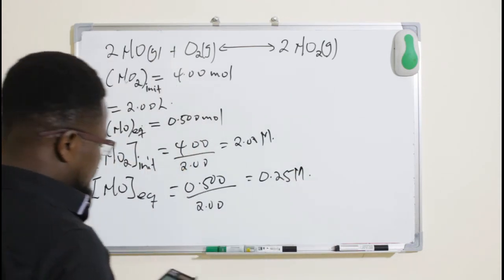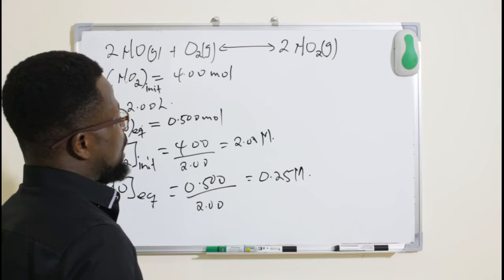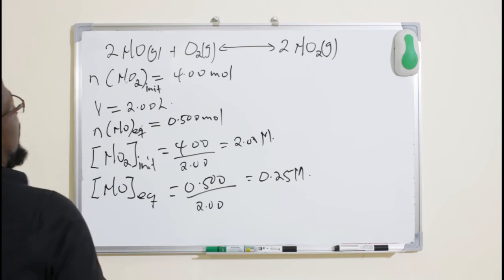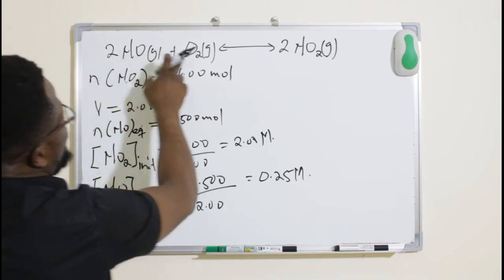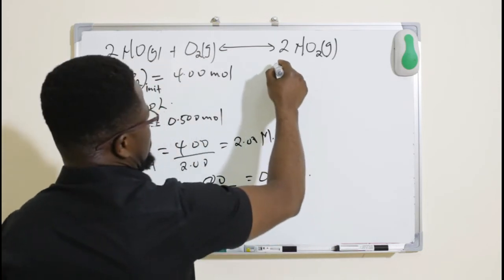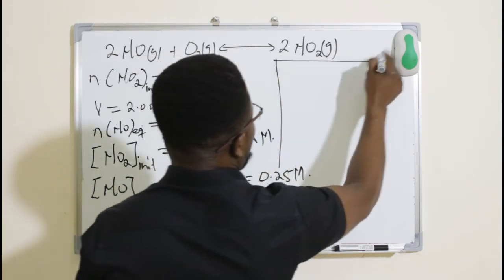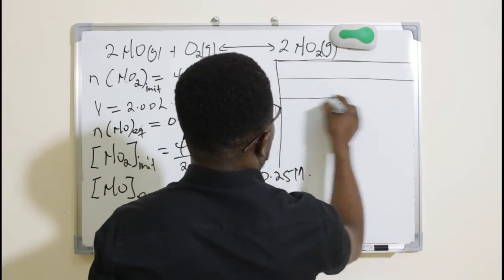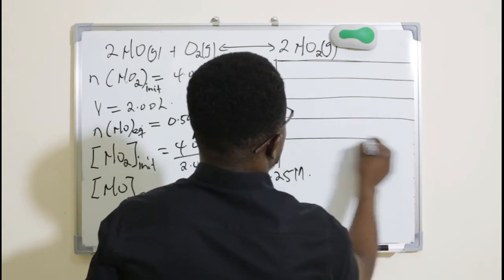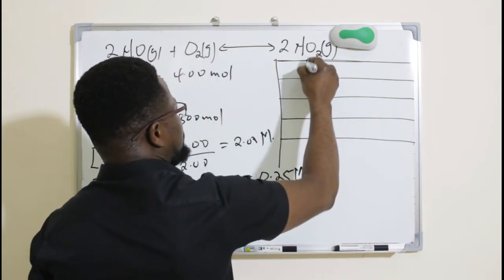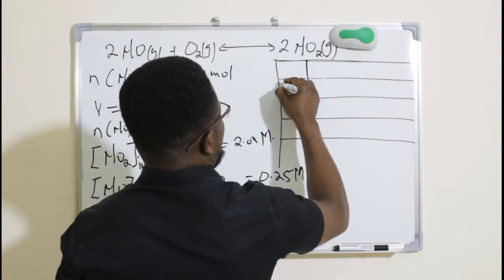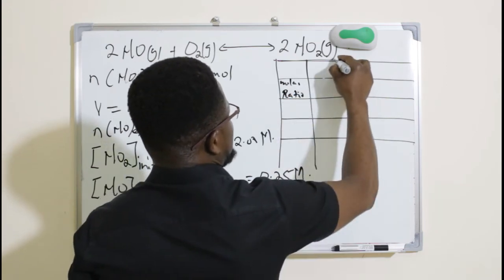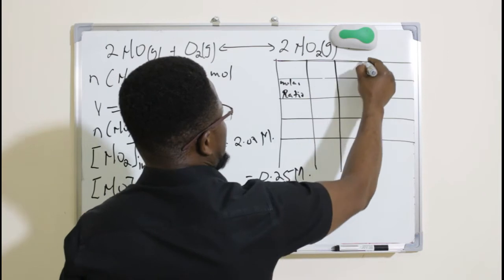Once I have gotten this, I can now go straight away and make use of my ice table and do the calculation. If you remember, the molar ratio is 2:1:2. So I'm going to squeeze the ice table to the side. If I have my ice table, I know here is the molar ratio, and this is my reactant.